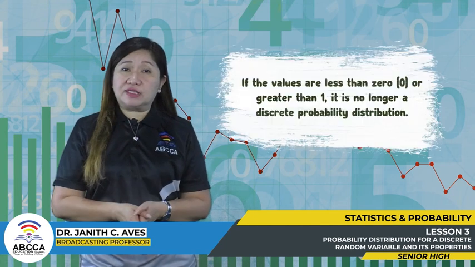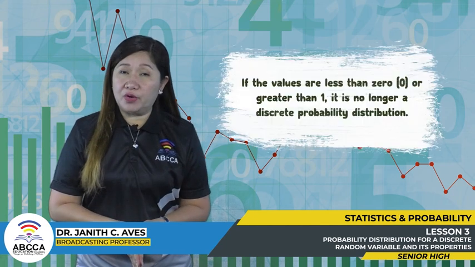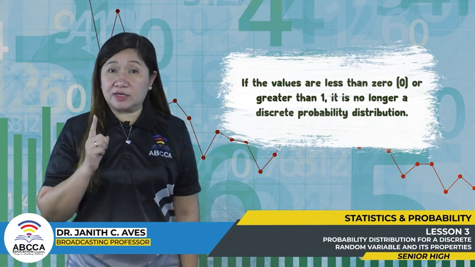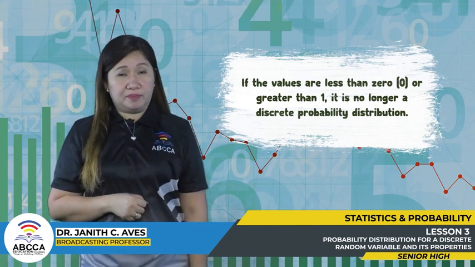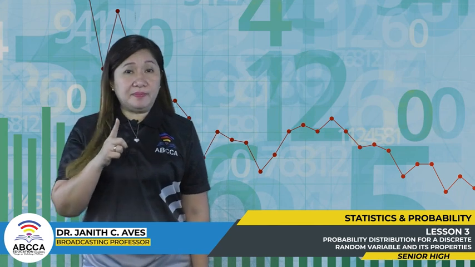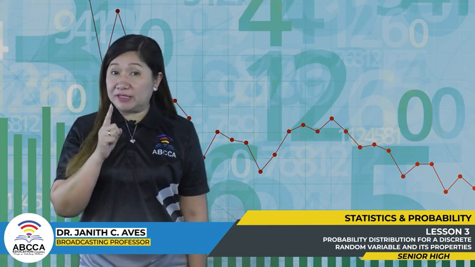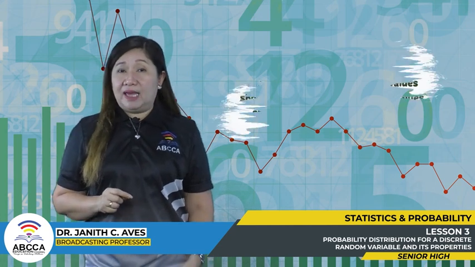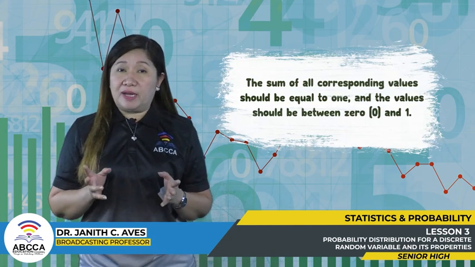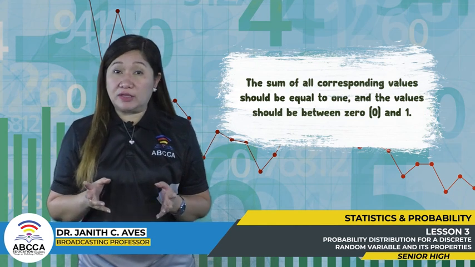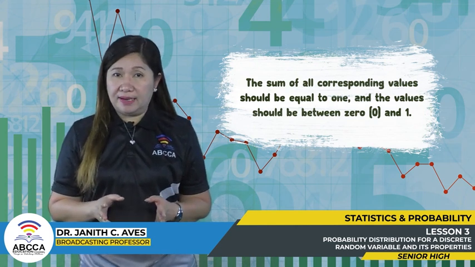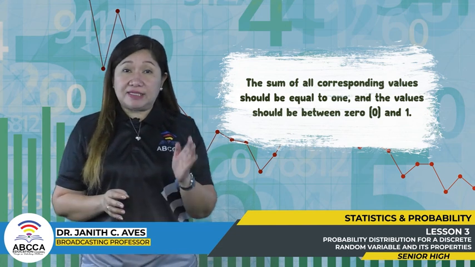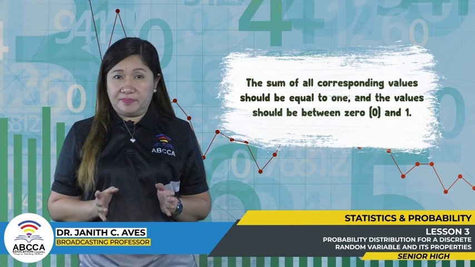If the values are less than 0 or greater than 1, it is no longer a discrete probability distribution. So, remember those 2 properties of discrete probability distribution. The sum of all corresponding values should be equal to 1. And the values should be between 0 and 1.